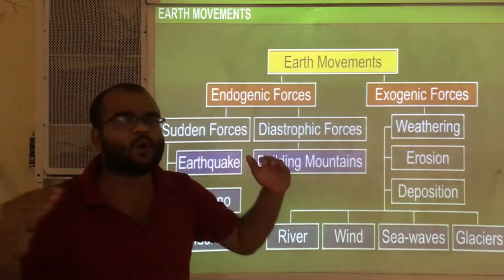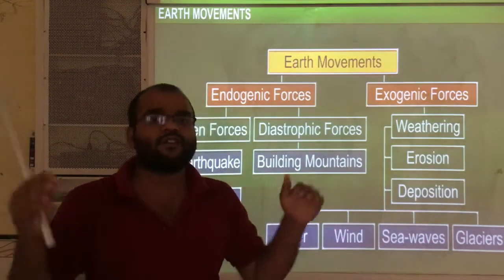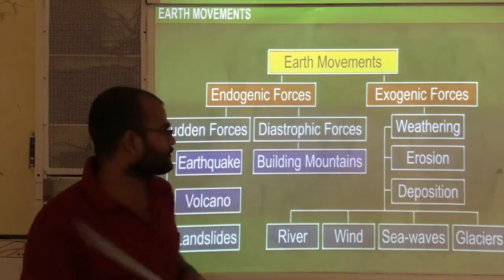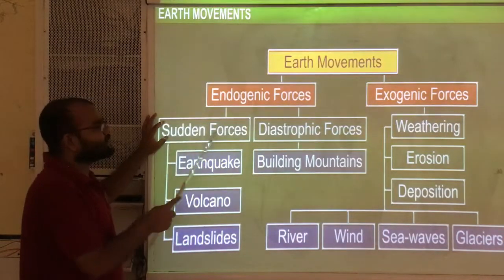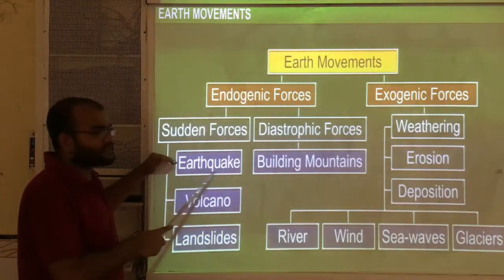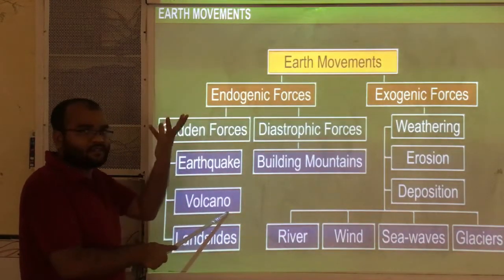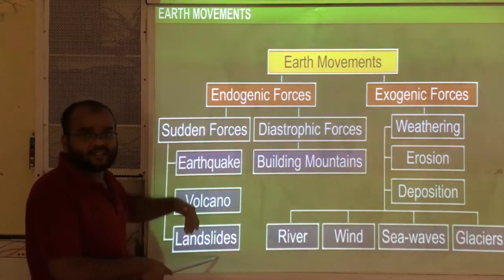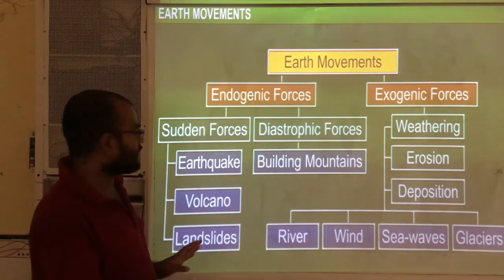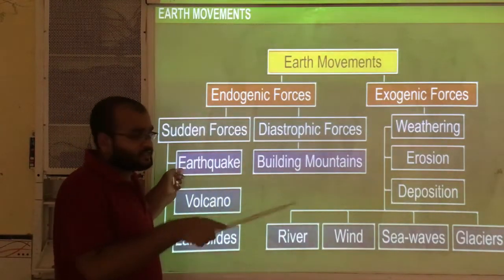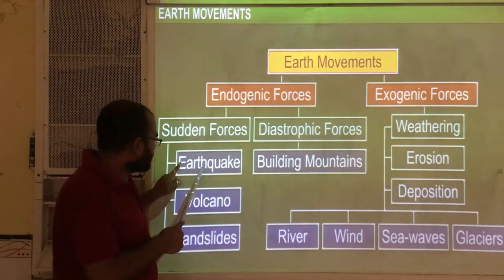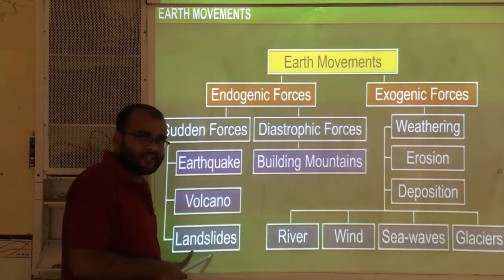Diastrophic force means slow movement. Because of sudden forces, earthquakes will come, volcanoes will erupt, and landslides also occur. We will discuss earthquakes, volcanoes and landslides in the next slides.